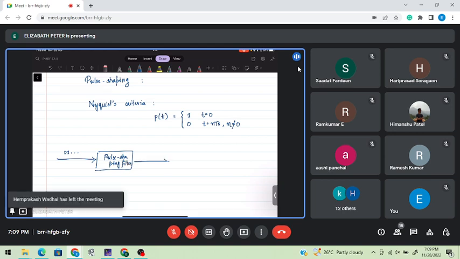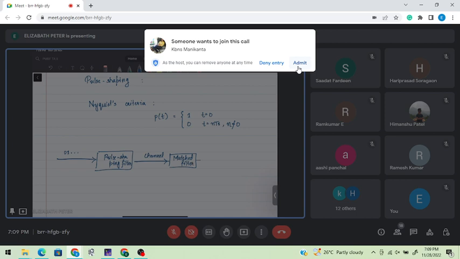you send it through a channel. At the receiver, there is another filter, usually a matched filter, and the filter's output is sampled at every Ts instant.